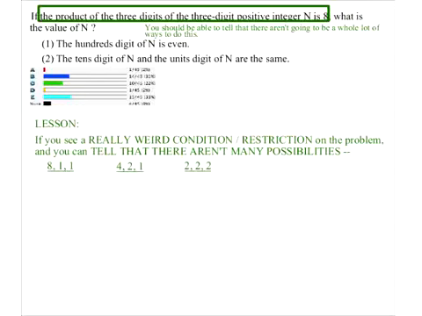So you just got to list them. You can do 118, 181, 811. You can be organized again: 124, 142, 214, 241, 421, 412. And then here's our spoiler friend, 222.